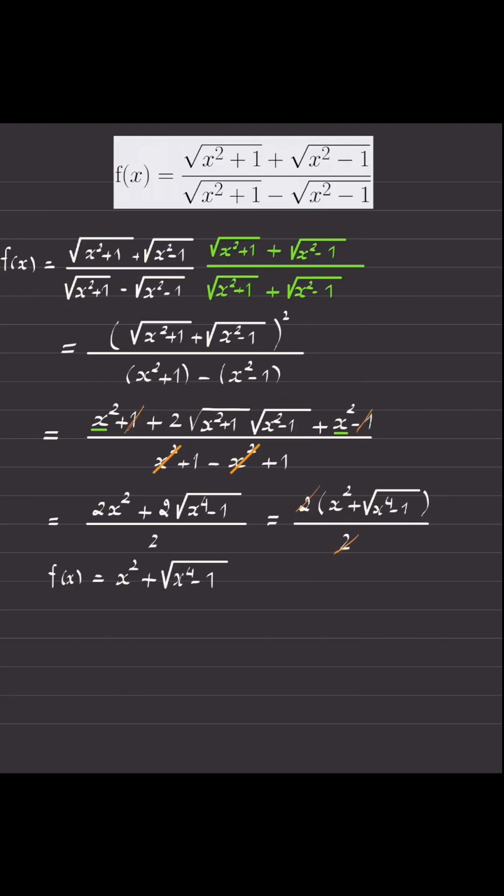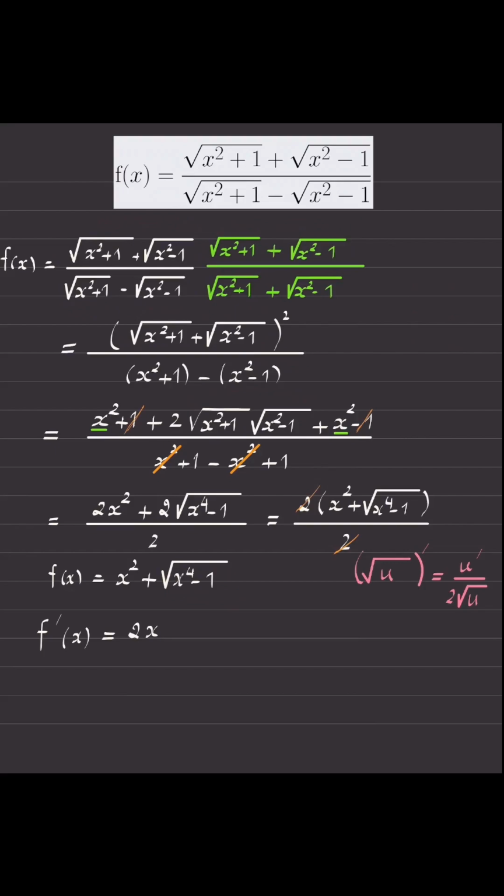So if I want to differentiate the function, the derivative of the first function, extremely simple, is 2x, and for the second one I want to use this very famous differentiation formula: if u is a function of x and I want to differentiate the square root of u, the answer becomes u prime divided by 2 square root of u.